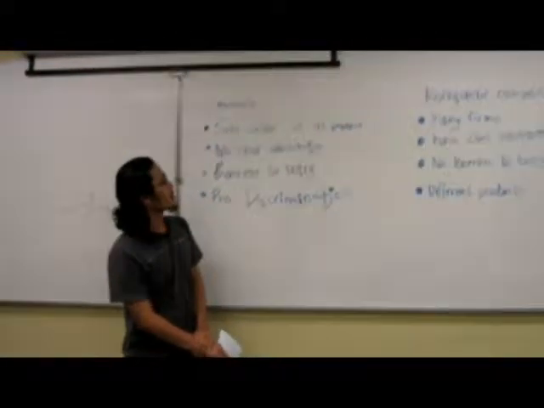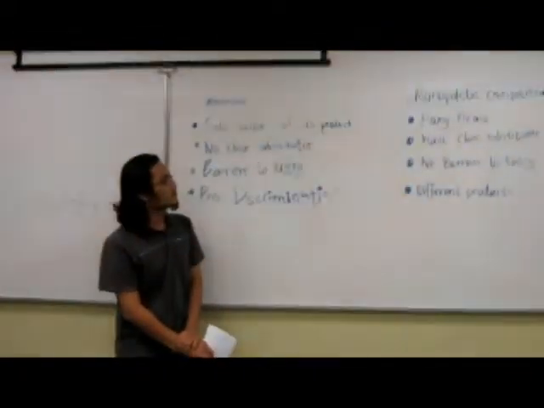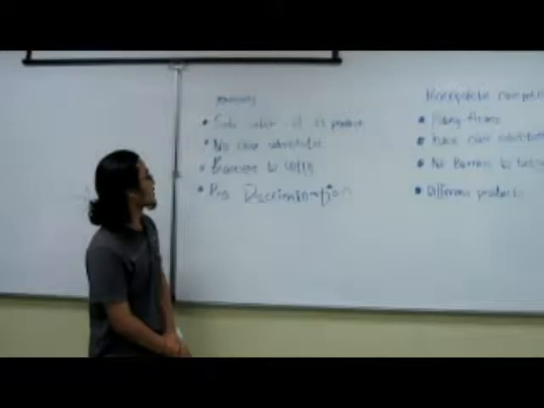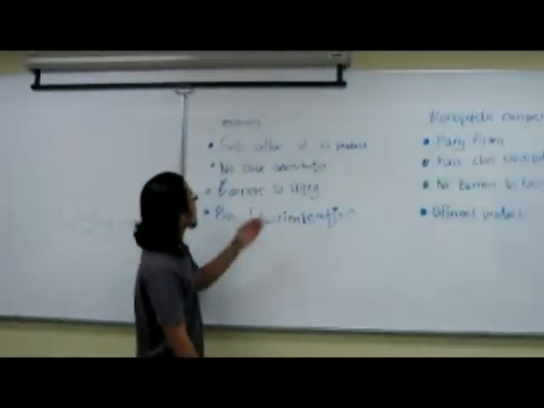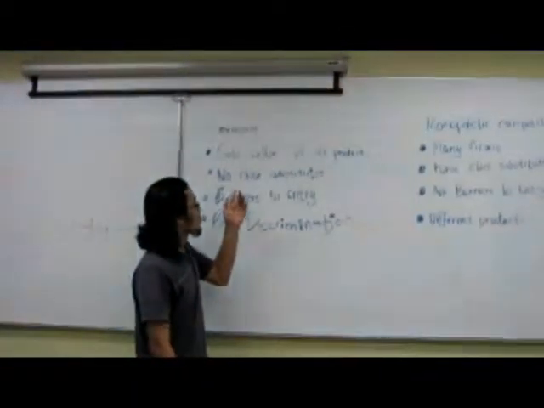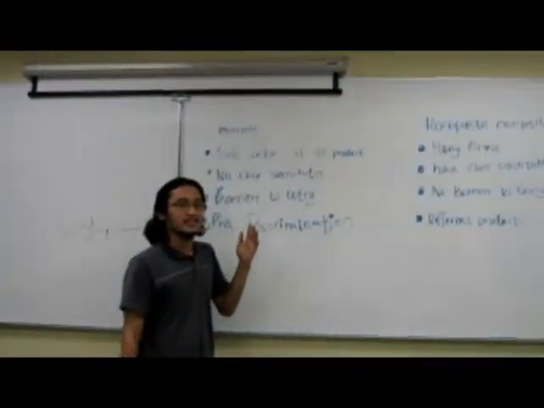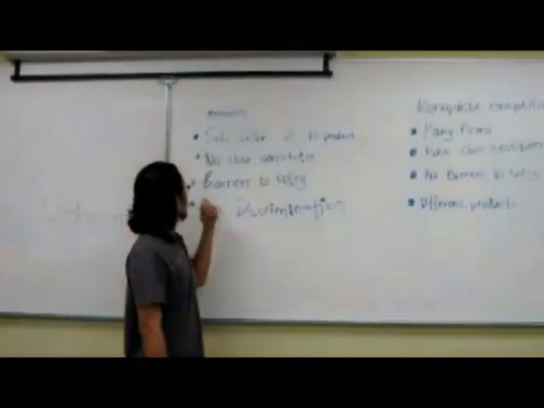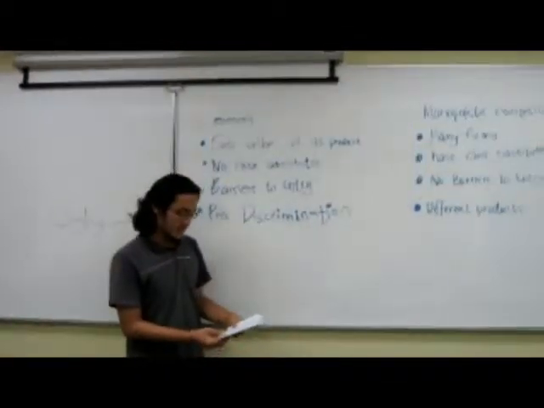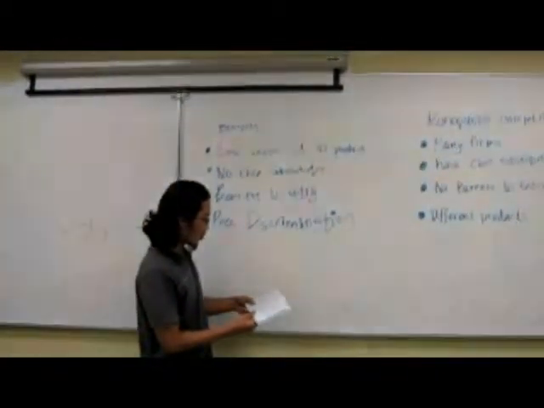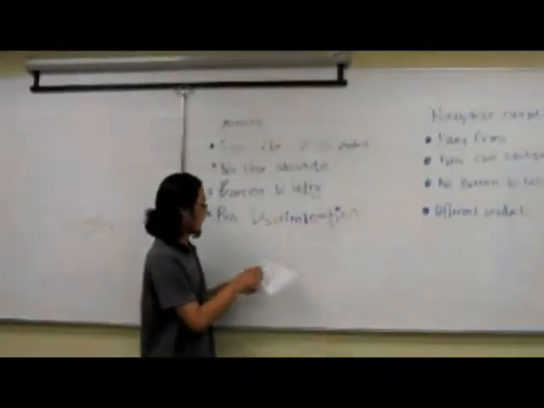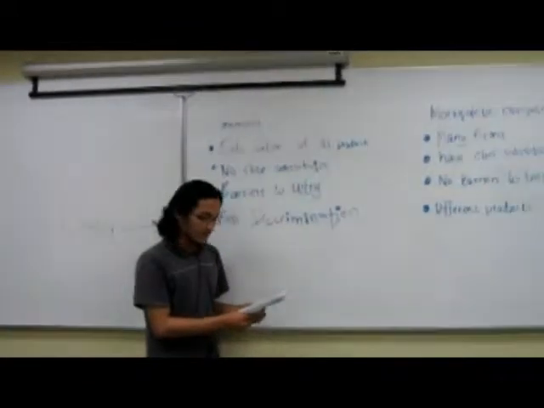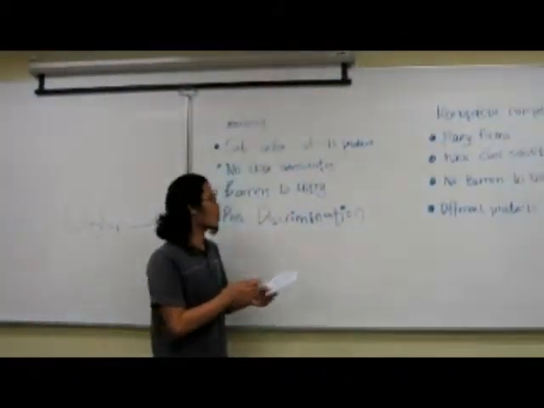Now let's talk about the properties of monopoly and monopolistic competition. For monopoly, the first property is being the sole seller of its product, so just one firm has the product. Second, no close substitute. Third, barriers to entry, so only one firm controls the market, because of legal restrictions, economies of scale, and control of key resources.